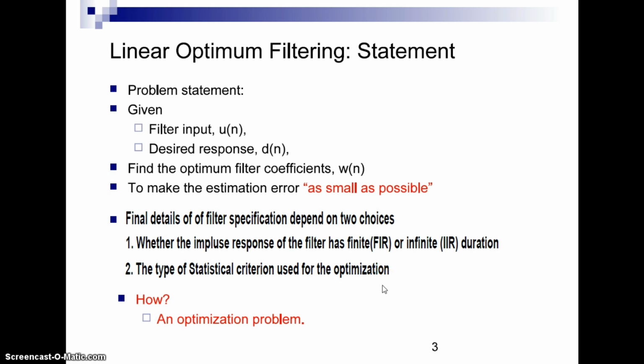Specifically, here we may consider optimizing the filter design by minimizing a cost function. The main thing is that the optimization problem comes in this second choice. Optimizing the filter design is simply minimizing a cost function or index of performance.